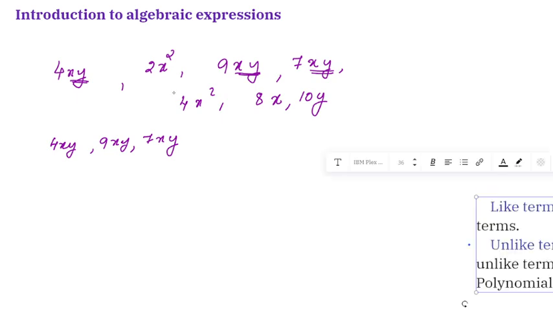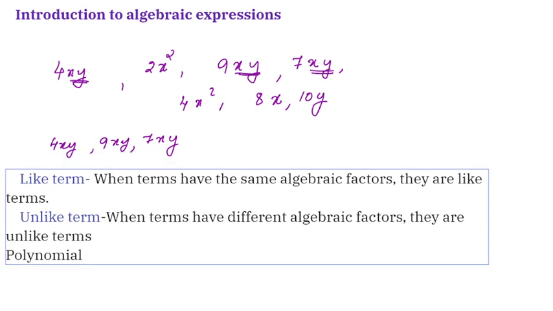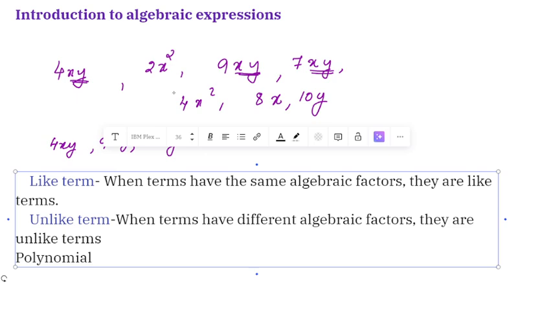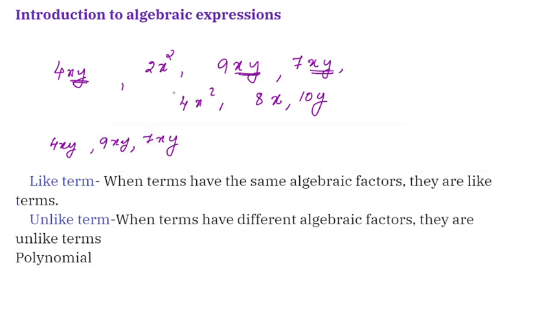Like terms are when terms have the same algebraic factors. They are like terms. So here we are having xy as the algebraic factor, that is, the variable part. So here 4xy, 9xy and 7xy are like terms.